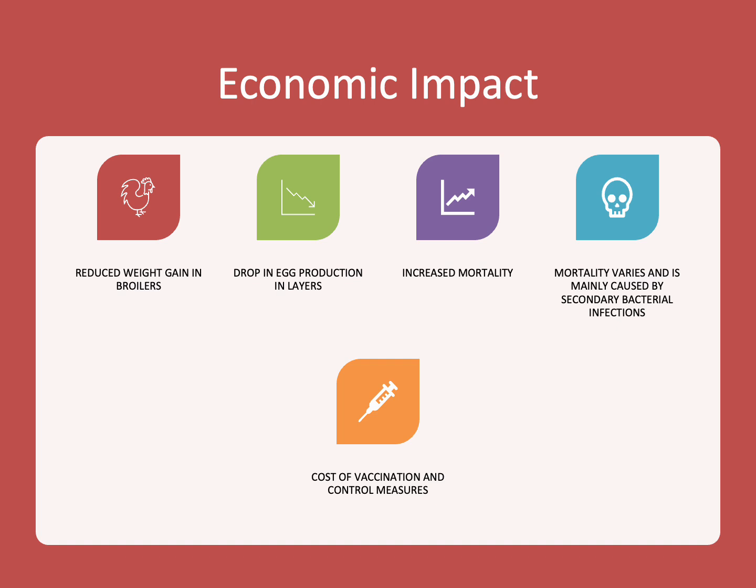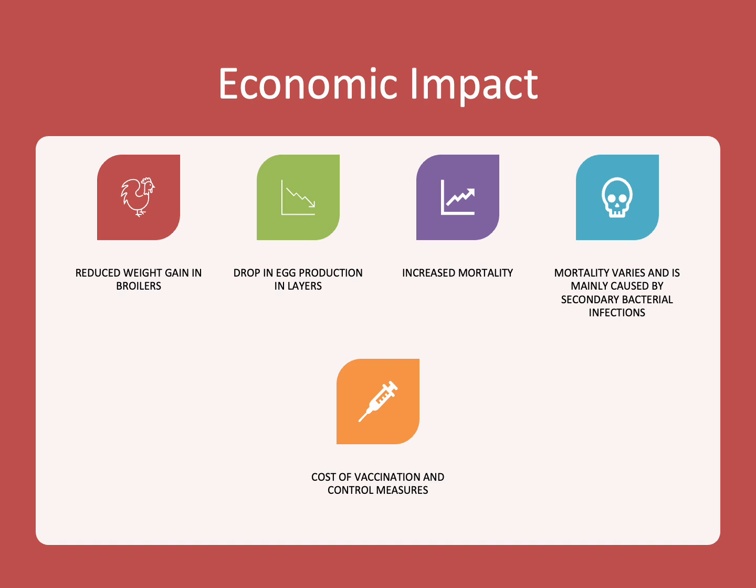Increased mortality. Again, just like I said, because it's a virus, infectious bronchitis itself may not lead to mortality, but secondary bacterial infection will probably be the main cause of the high mortality.